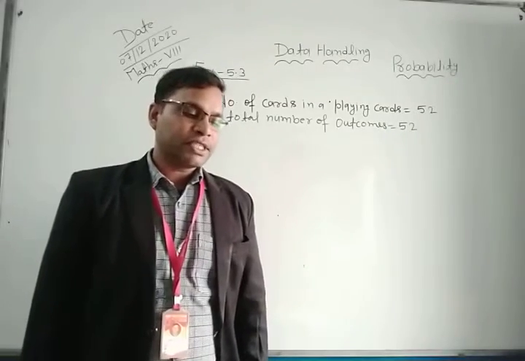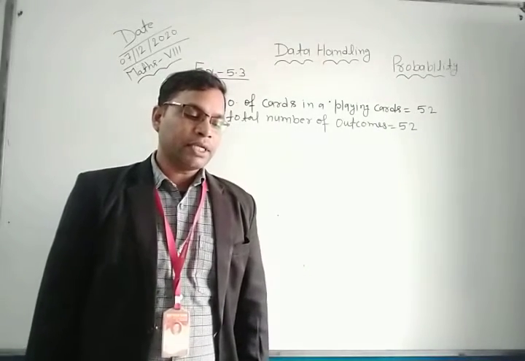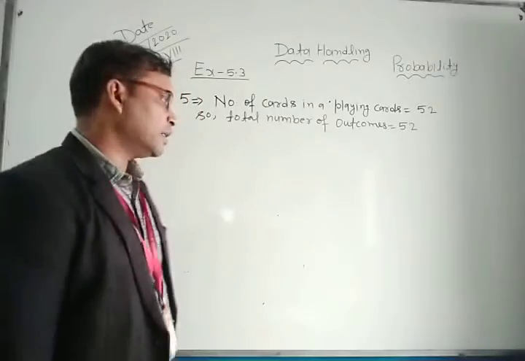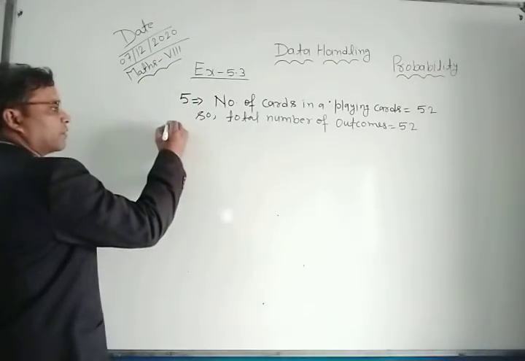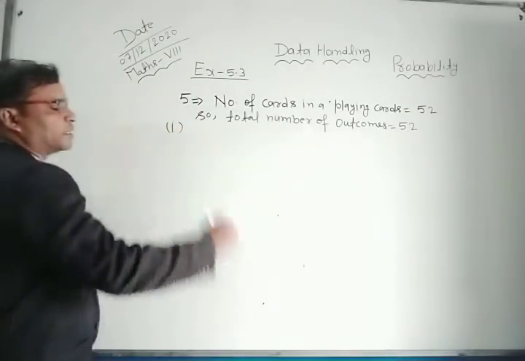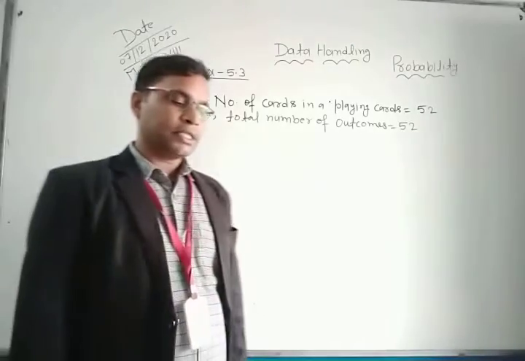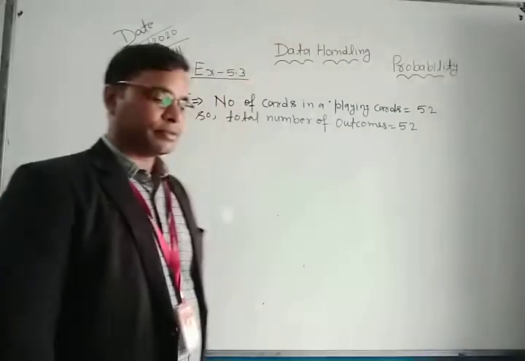Now, the first condition is to find the probability of getting a red king. The event is getting a red king.